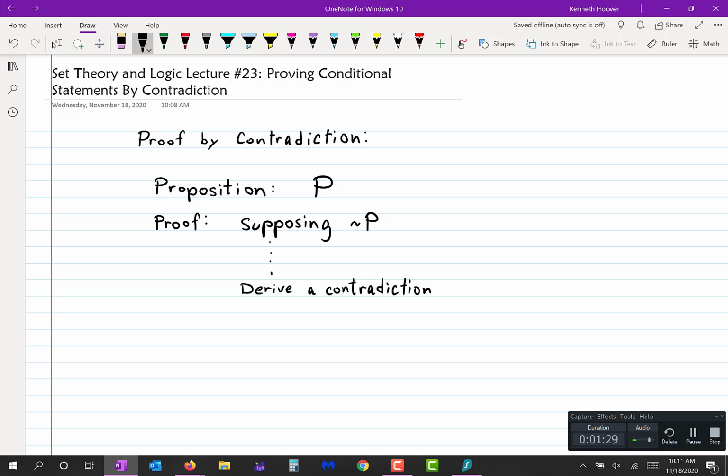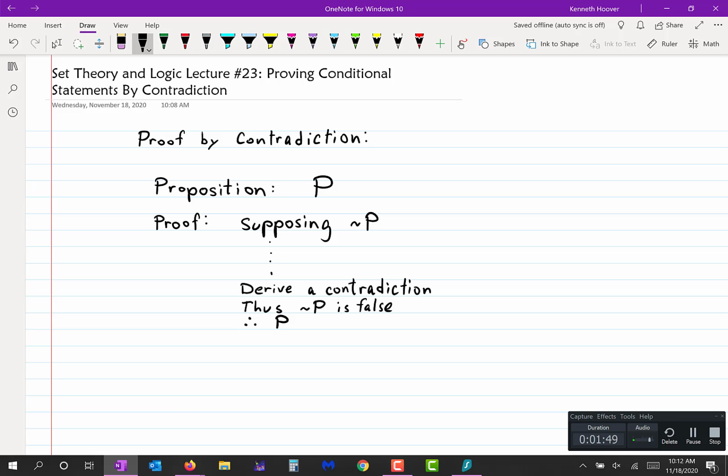Okay, and so thus the negation of P is false because it brings about a contradiction, and therefore P is true.